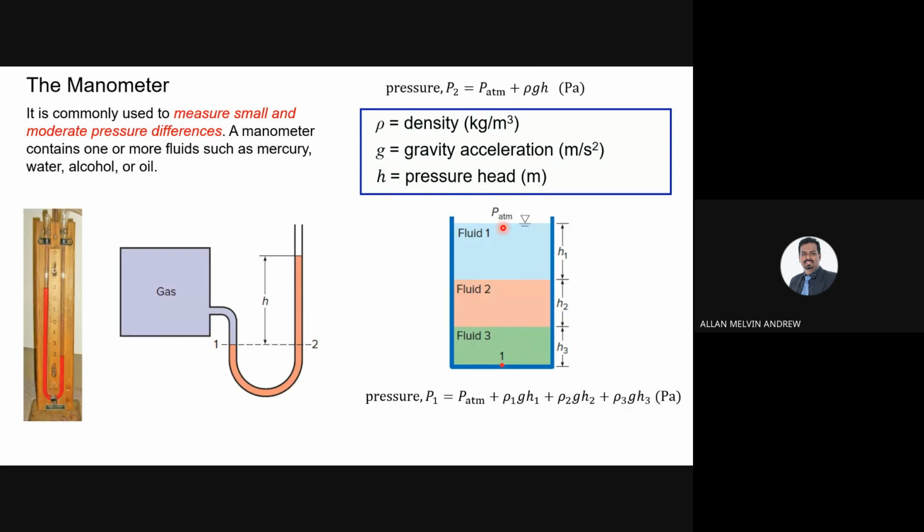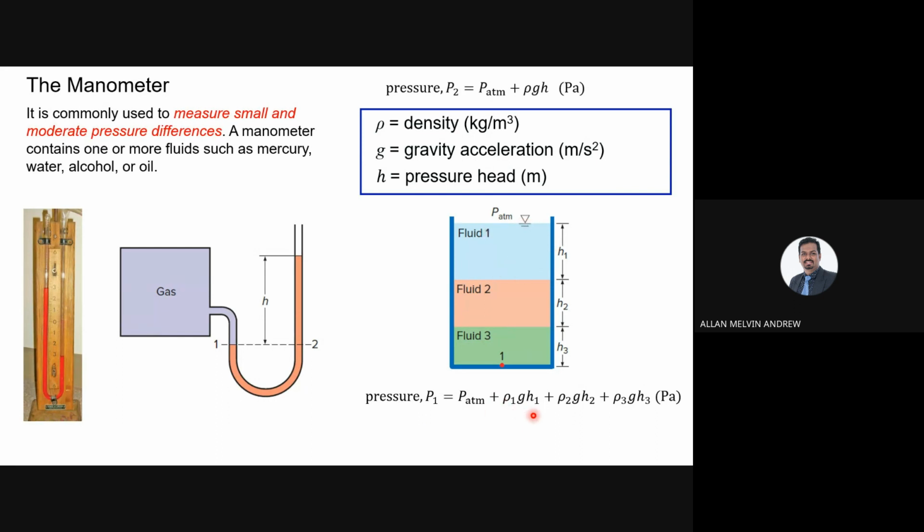Okay, and when we have multiple liquids, we need to consider the different densities. In this case, we have a container and atmospheric pressure at the top. So pressure at point 1 equals atmospheric pressure plus rho 1 g h1, because this is fluid one with a different density.